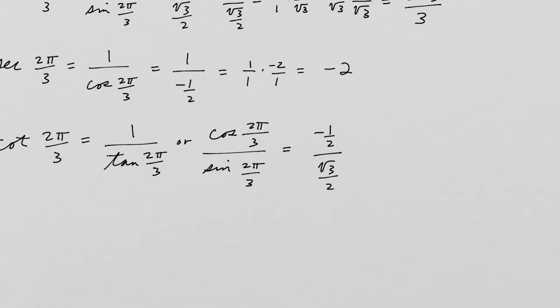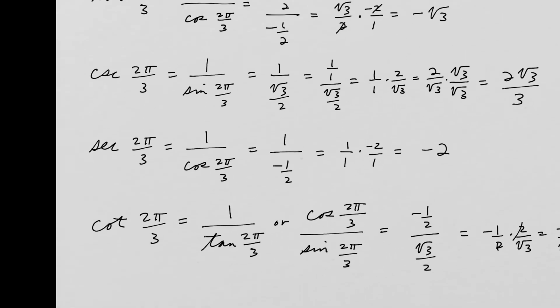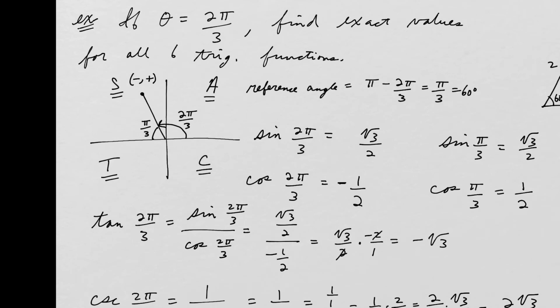So now this is negative 1/2 times 2 over radical 3. The 2's cancel, and I get negative 1 over radical 3. But again, if we want to rationalize the denominator, I'll multiply by radical 3 over radical 3. So this, I guess, is negative radical 3 over 3. So that would be the cotangent of 2/3 pi. Okay, so really the whole thing stems on figuring out what sine and cosine are first. That's the key thing. And then you can get all the other ones from sine and cosine.